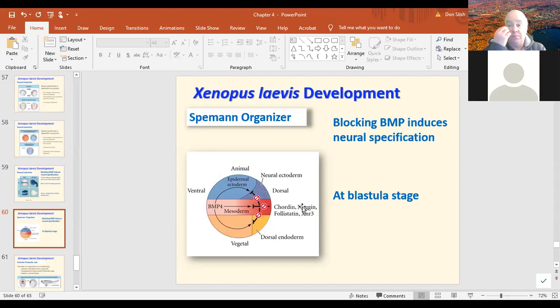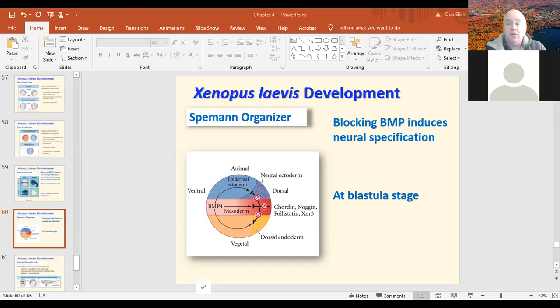So that's just another piece of info there, which is that you need to knock out all three blockers. There's a lot of redundancy here in that you can knock out one and you don't see much of an effect, but once you knock them all out, then you don't get that neural ectoderm anymore, because you have to knock out all of the BMP activity in order to get that. So that's the importance of BMP.